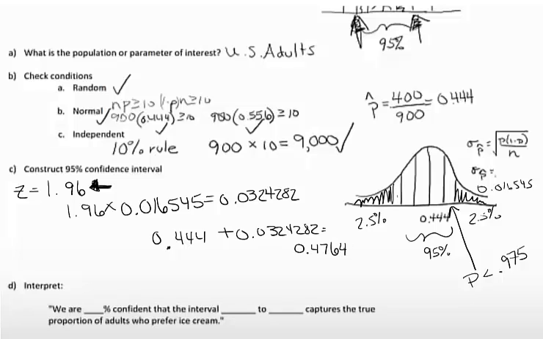And that looks very similar to what we just had. We also want to take our proportion and subtract 2 standard deviations, or 1.96 standard deviations, to find the lower bound, which is almost identical to what we had before as well.